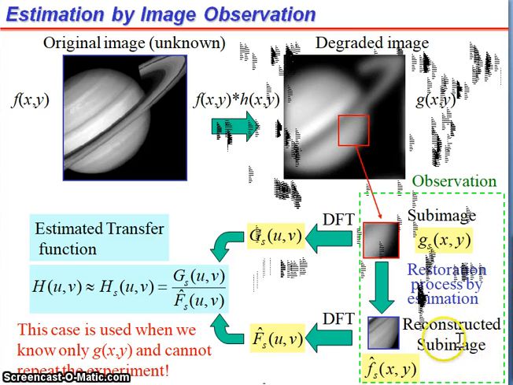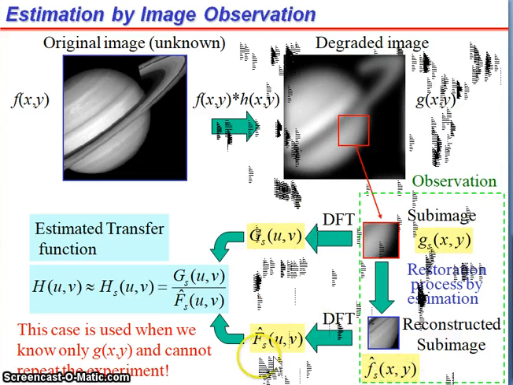That is indicated as fs cap of x comma y. Now apply the DFT again to this, and fs cap of u comma v is obtained from fs cap of x comma y.